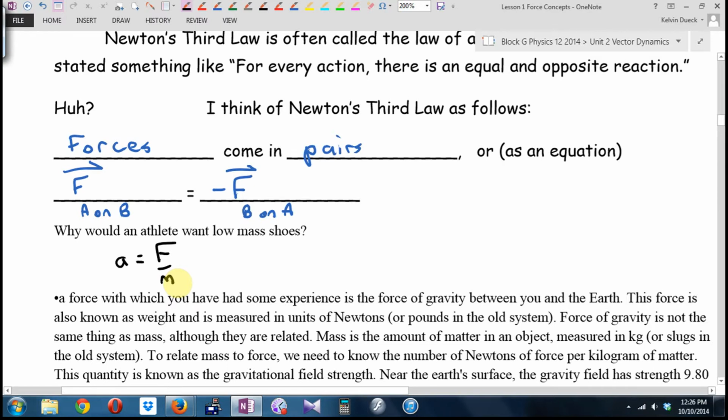Let's suppose Usain Bolt has trained and lifted weights as much as possible, so he has maxed out the force. How can he increase the acceleration? What other variable could he change that would give a bigger acceleration for his feet? Make m smaller. You're seeing that more and more in the Olympics. It's often coming down to hundredths of a second due to equipment.